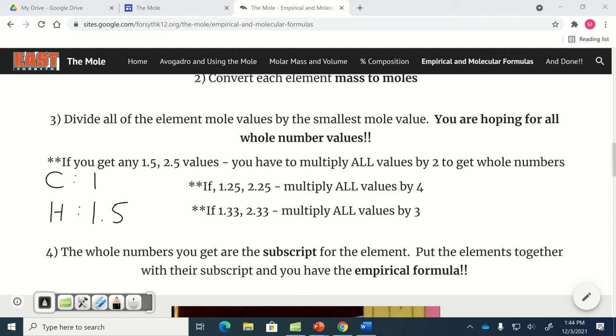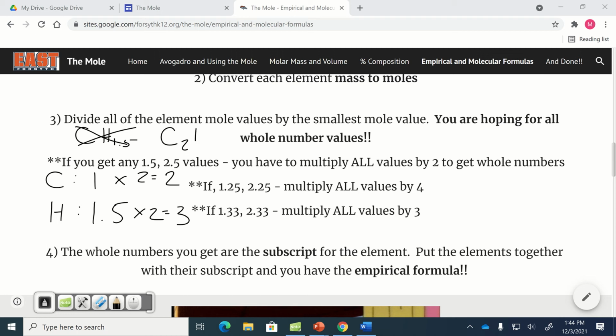This is after you convert to moles and then divide all of them by the smallest number of moles. Clearly you can't have a compound that's CH1.5. That's not allowed. So you multiply both of the elements by 2, and now you'd have a subscript of 2 for carbon and a subscript of 3 for hydrogen.